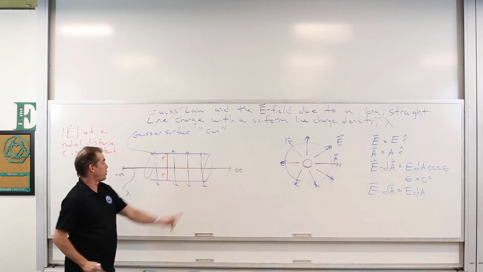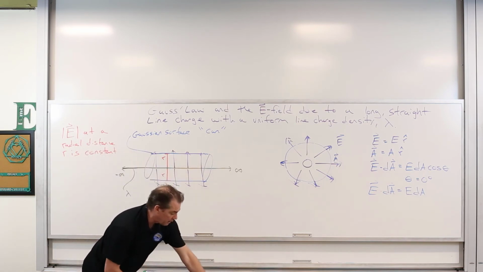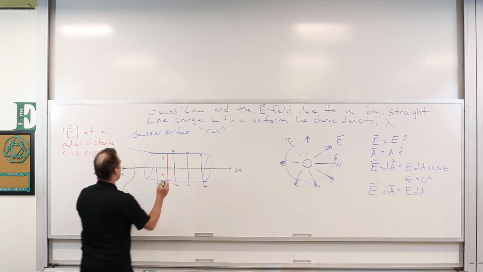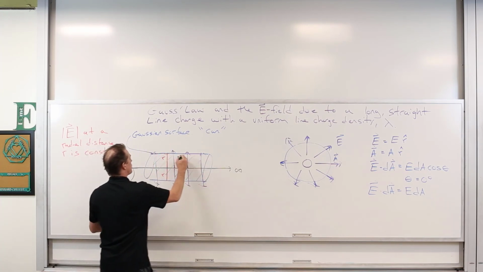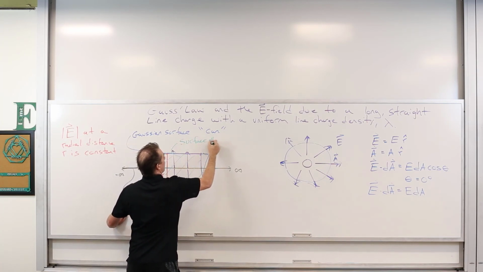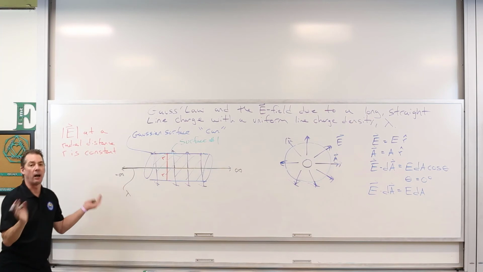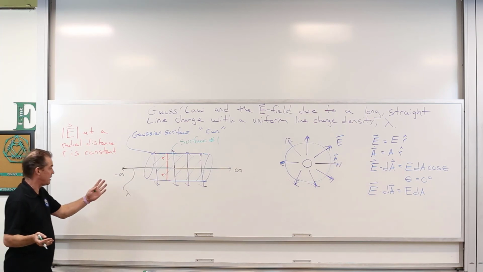That's over this surface. So this actually breaks into 3 different surfaces, and that's where you've got to be a little bit careful. So that would be this surface, and let's just call this surface number 1, the cylindrical shell surface. But we've also got to close this charge that's contained in here.